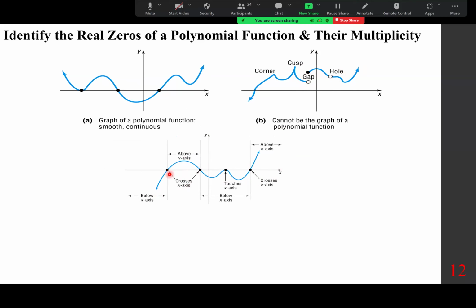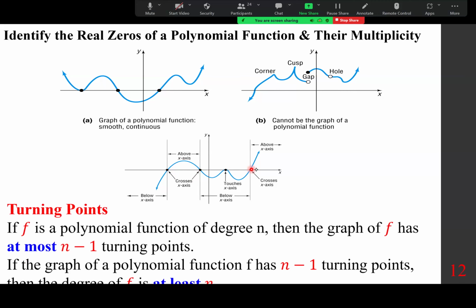As it gets to this point, it crosses the x-axis. Over here, it touches and returns because this has an even multiplicity. But this x-intercept and this x-intercept must have odd multiplicity.